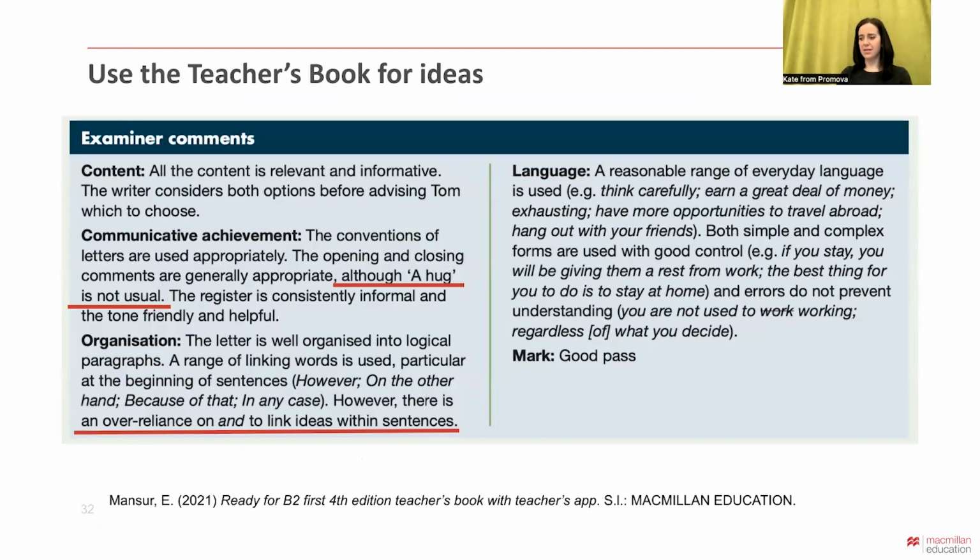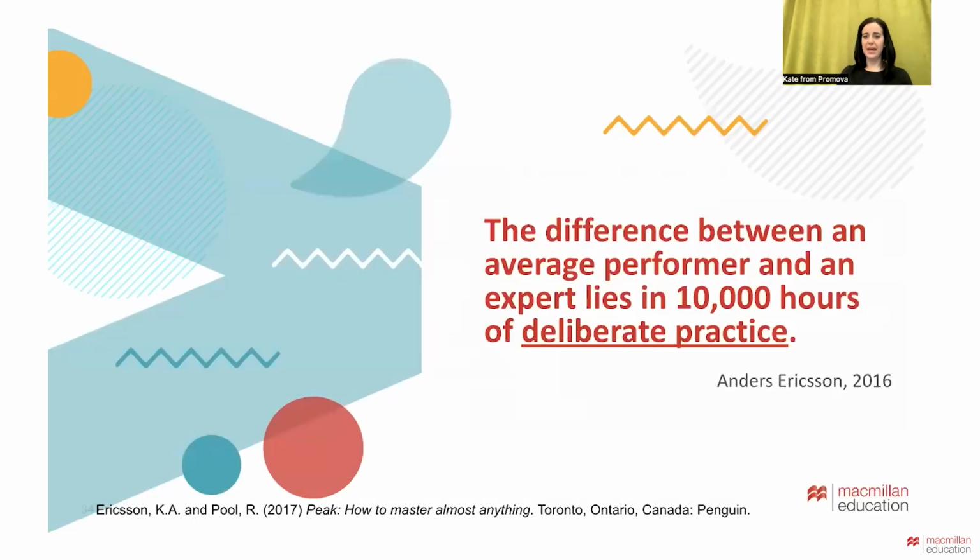They start as newbies, as novices, and what is it that they do to turn into experts. He has discovered that the difference between an average performer, somebody who's just started doing something, and an expert lies in 10,000 hours of deliberate practice. And in this case, the key word is deliberate.